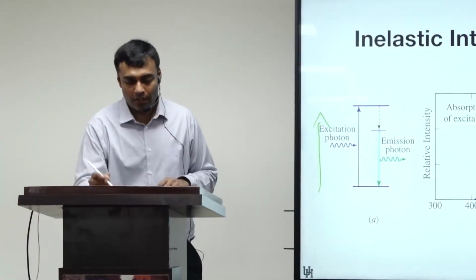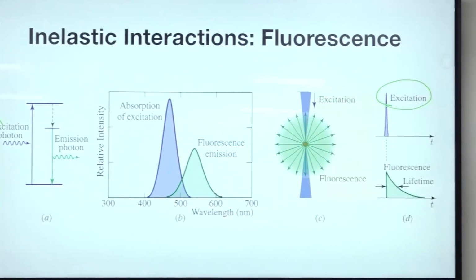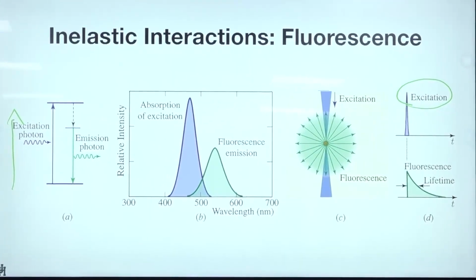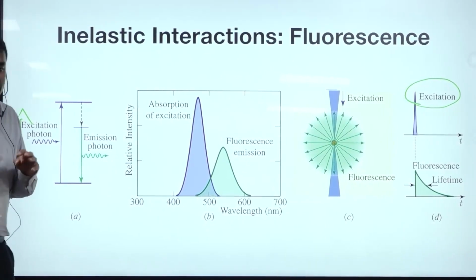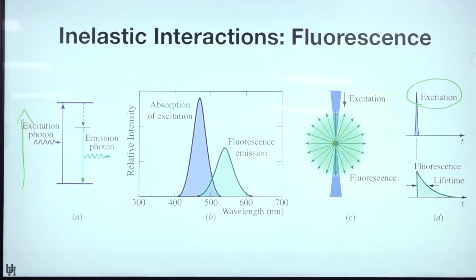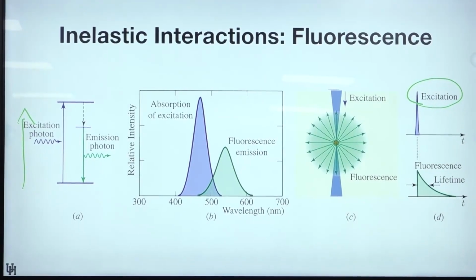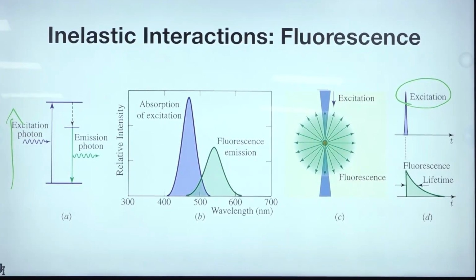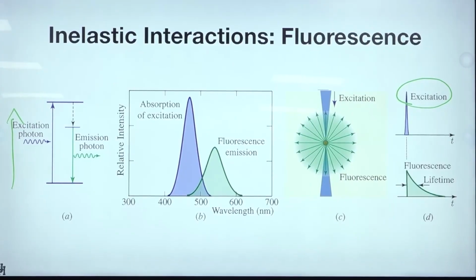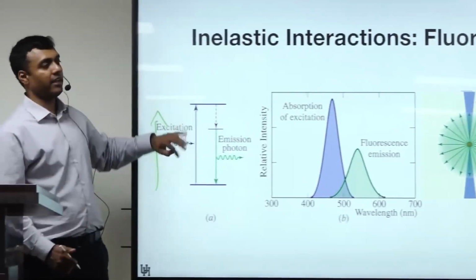If you have an excitation which is a short burst, a pulse of energy, then the fluorescence decay is a stochastic process. It's a random process. It could come back after 1 nanosecond; depending on the molecule, there is a distribution of times after which the electronic transition happens, the decay happens.